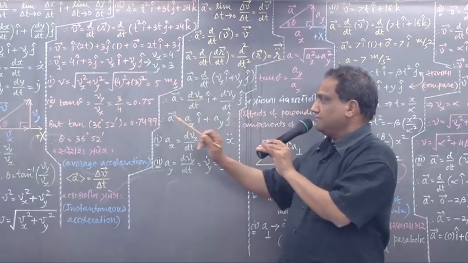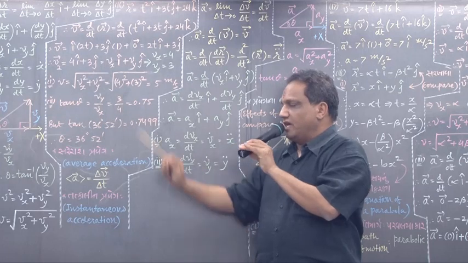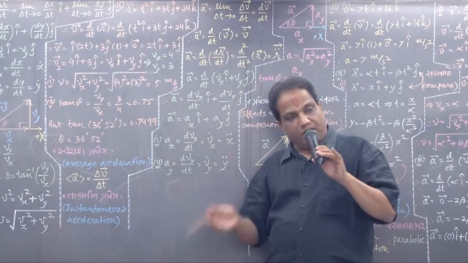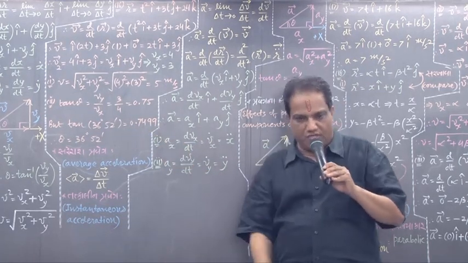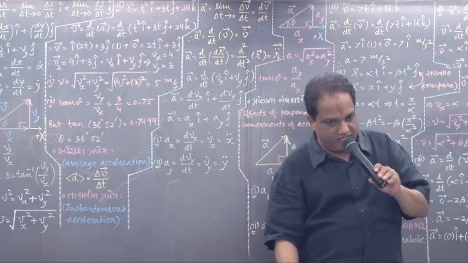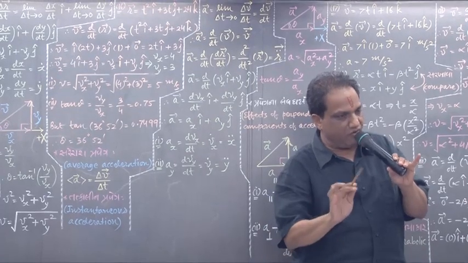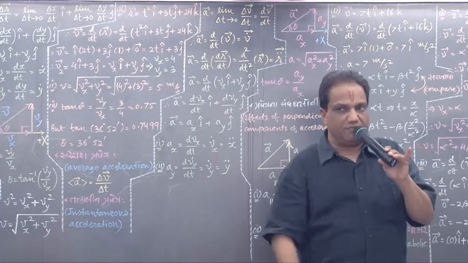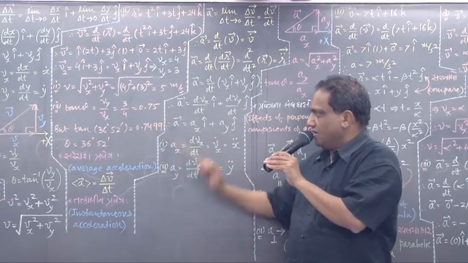So look here: tangent of 36 degree 52 minutes has come out to be 0.7499. It is 7508 minus 9, which is 7499, and before the first digit there is a decimal point, so it is 0.7499.